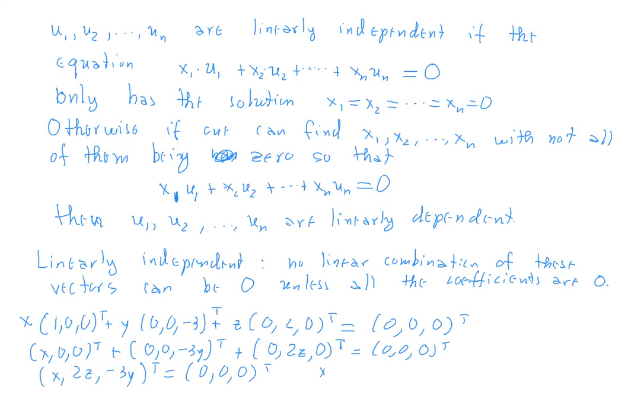Which means that x has to be equal to 0, 2z has to be equal to 0, and -3y has to be equal to 0, which means that x is 0, y is 0, and z is 0. Right? That means that all the coefficients have to be 0, which means that the three vectors are linearly independent.